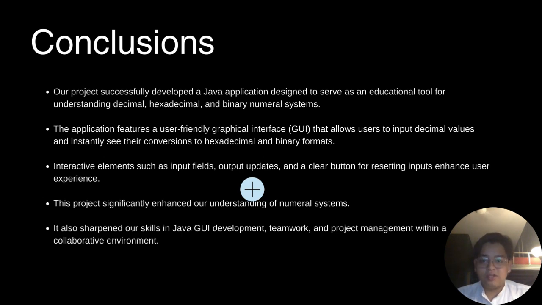It features a user-friendly graphical interface, the GUI, that allows users to input decimal and instantly see their conversions to hexadecimal and binary formats. Interactive elements such as input fields, output updates, and a clear button for resetting inputs enhance user experience. Last but not least, it also sharpens the skills of each member in Java GUI development, teamwork, and project management within a collaborative environment.